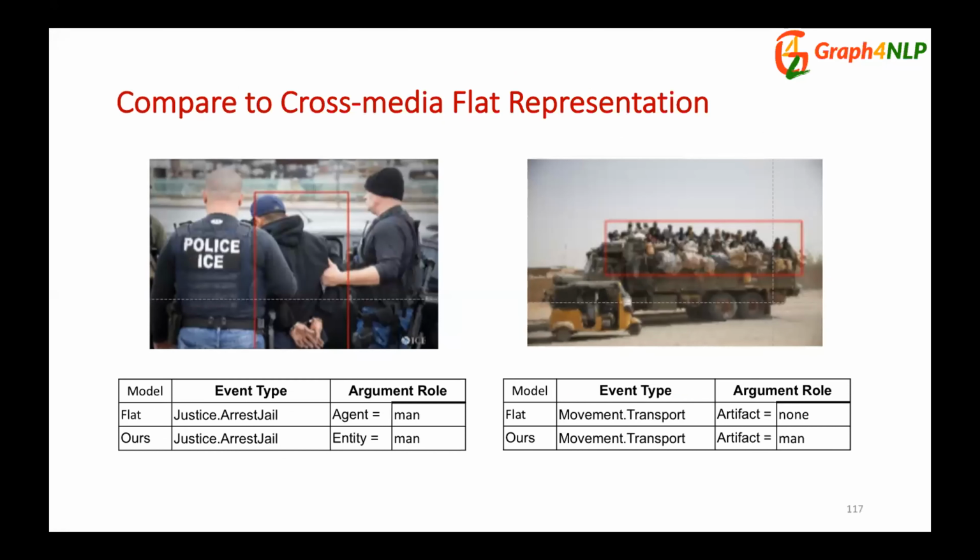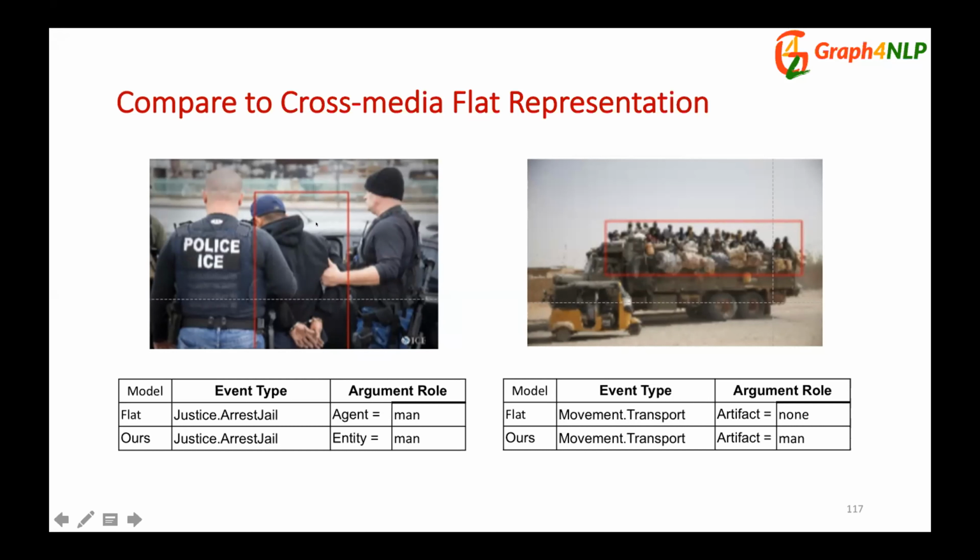Compared to the existing cross-media flat representation, and when I say flat, I mean they are aligning objects with the words, aligning pixels with the characters, but they didn't really look into any graph structure. You can see using a flat representation, sometimes we can identify the event, but the role will be incorrect.